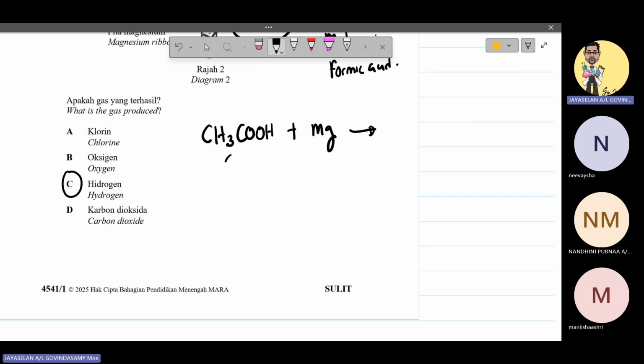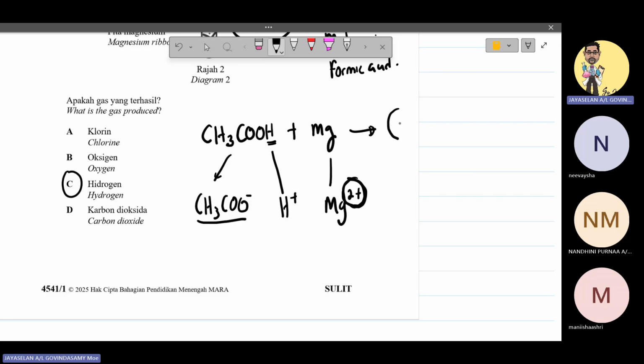You write CH3COO negative, the hydrogen ion at the back is split off. Magnesium is Mg2 positive. When you see here 2, like 2, 3, 4, 5, then 1 need not be written. If 2, open bracket, write everything.